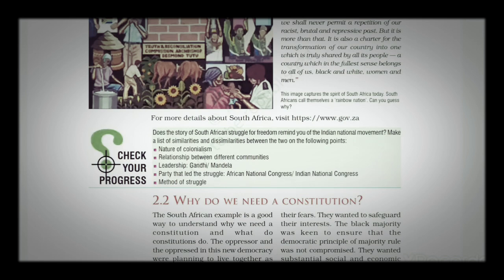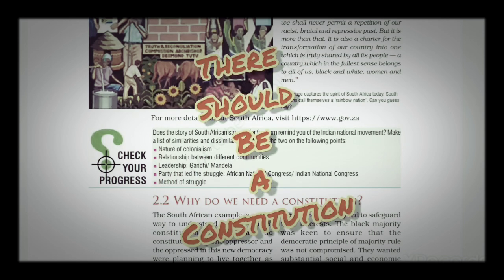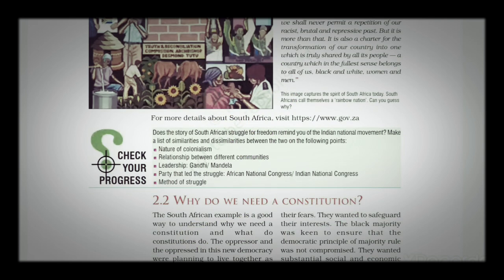So you have to remember, having a constitution does not mean that the country is following democracy. But if a country is following the democratic form of government, there should be a constitution. So in this way, I am ending this video.